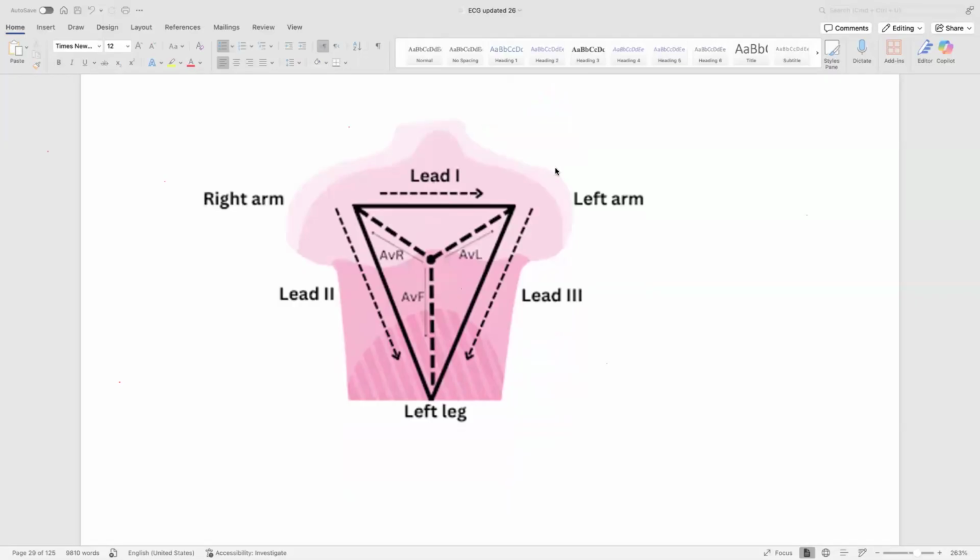Yes. This is a lead between the right arm and the left arm. And the heart is here.